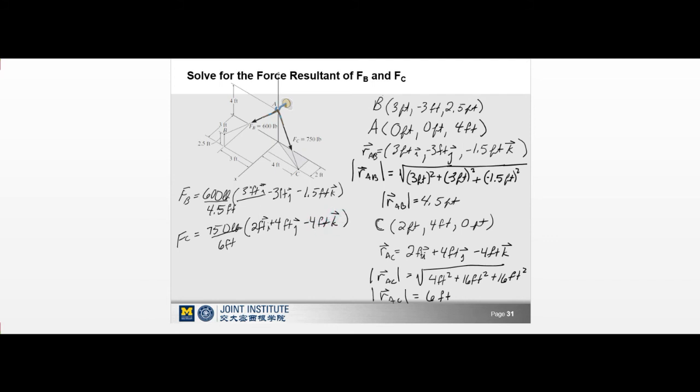And so all we're going to do is add these two vectors together. So this will be now just multiplying some of these things out.